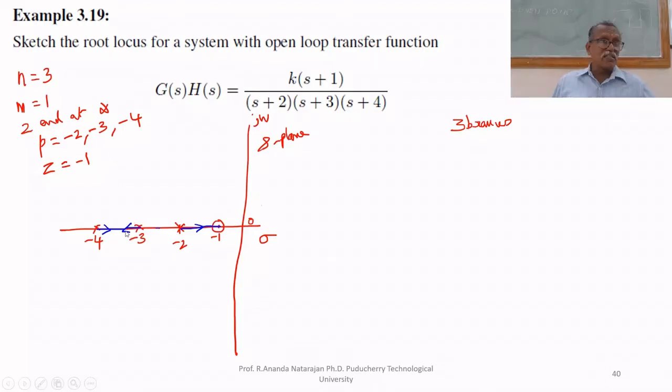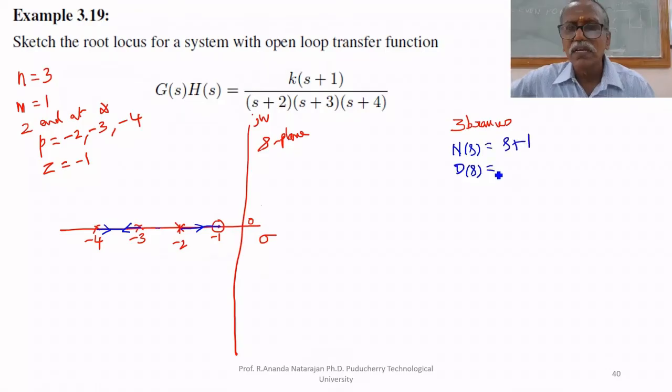Now we have to find the repeated roots. Therefore, what is N of s? N of s equal to s plus 1. What is D of s? D of s equal to s plus 2 multiplied by s plus 3 multiplied by s plus 4.